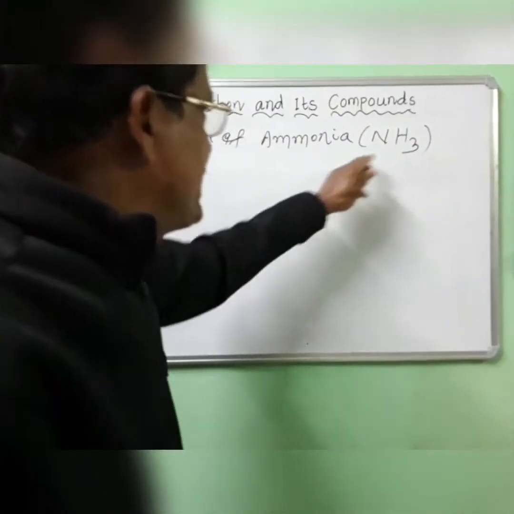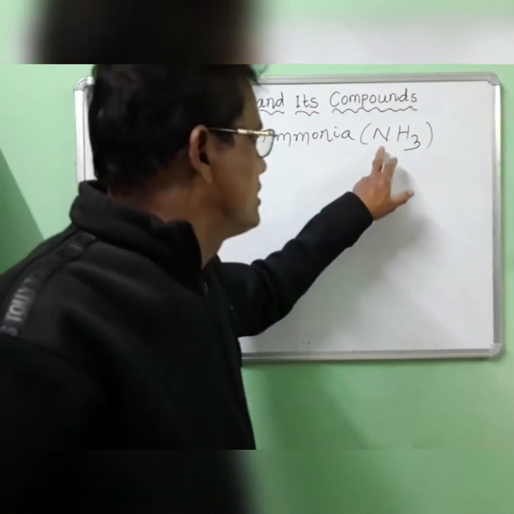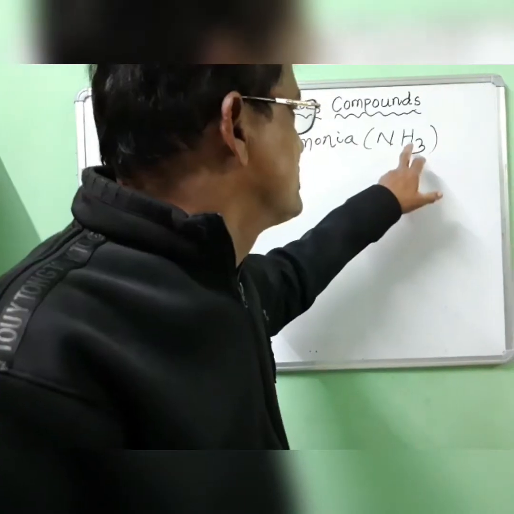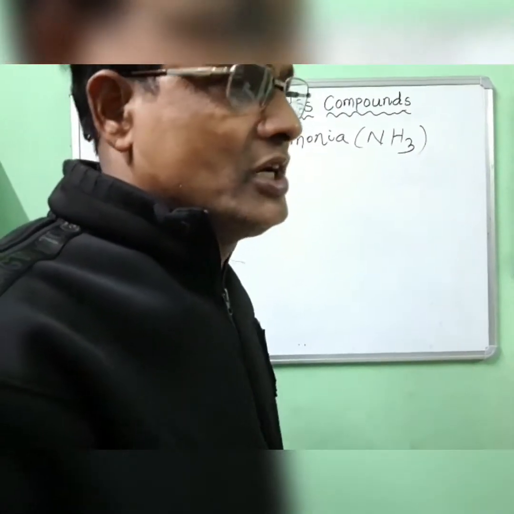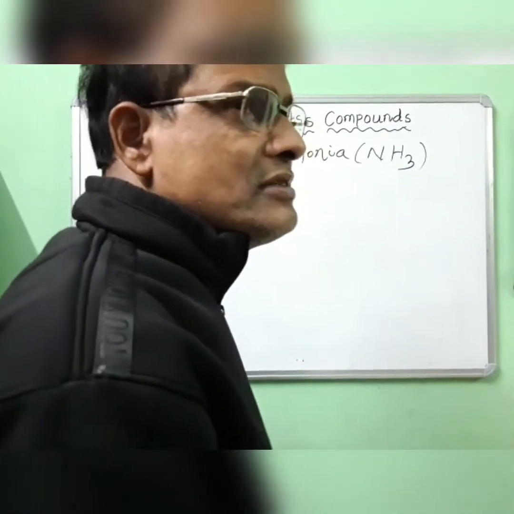Here a nitrogen atom combines with 3 hydrogen atoms to form ammonia. We have already known that the atomic number of nitrogen is how much? 7.